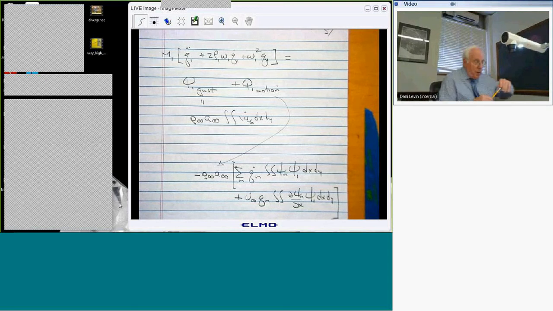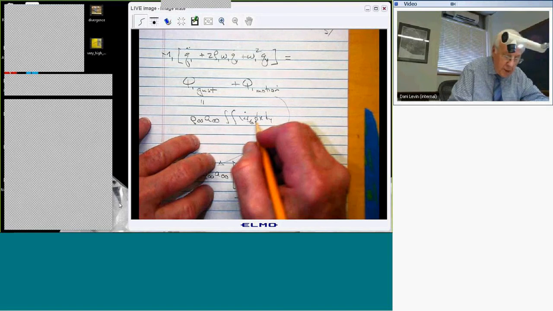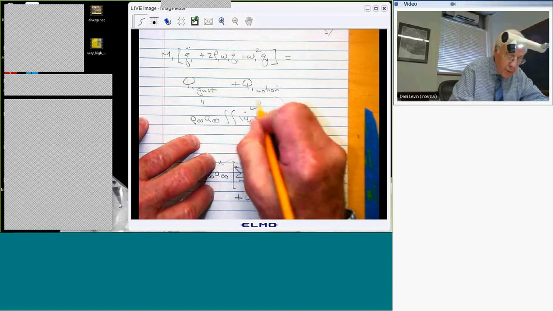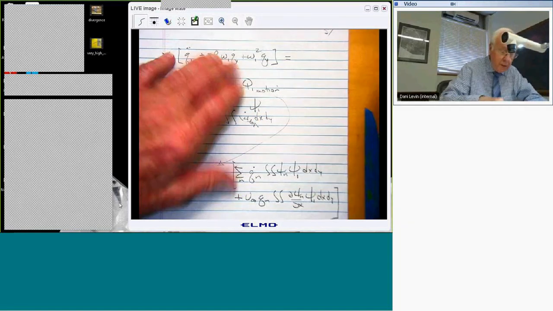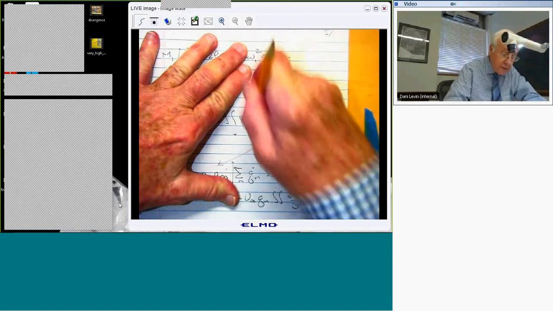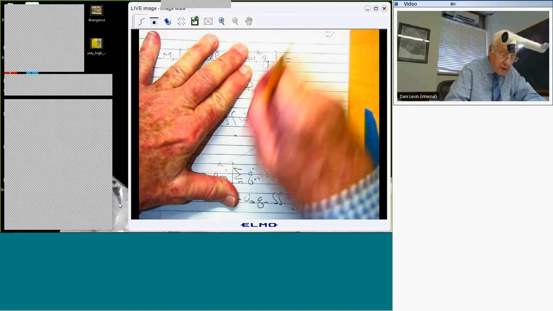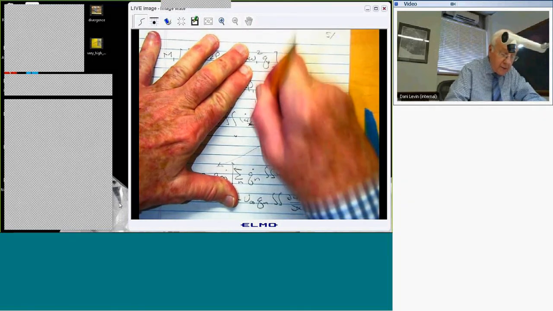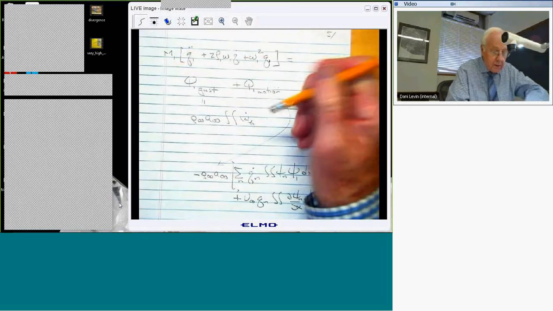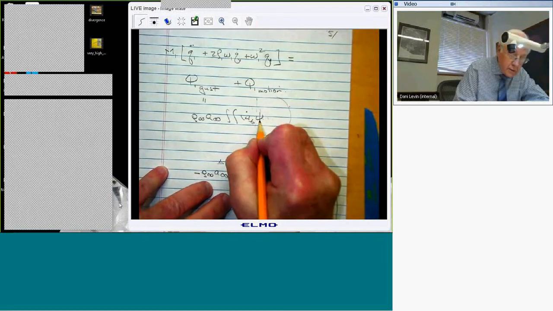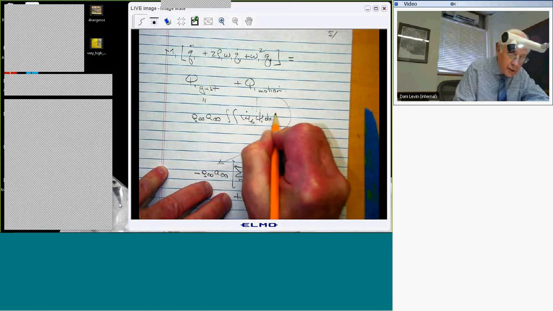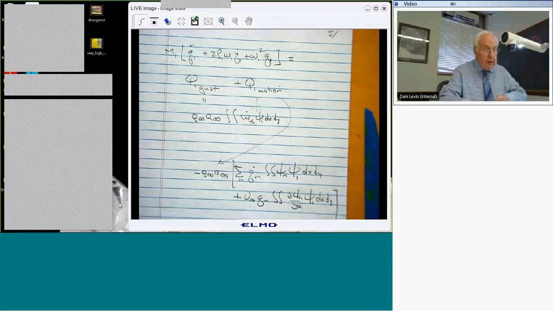I left out the mode shape, didn't I? Thank you. Psi 1. In fact, let me redo this. Yes, that would not be quite right. Sorry about that. I got too excited. Okay.